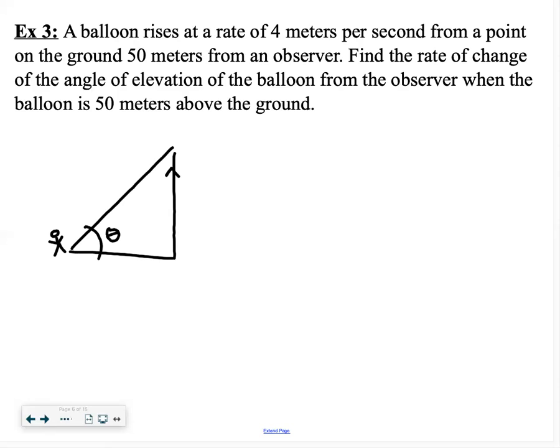I'm going to call this my x-axis because it's horizontal. We do know that the observer is standing 50 meters from the balloon's launch point, so this is 50 meters. We also know that the balloon at this instant is 50 meters above the ground.